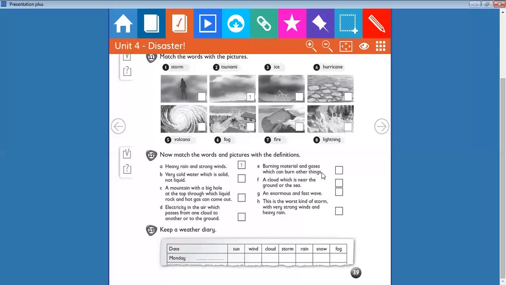I think they are talking about fire. Fire in the forest. So it's 7. Here's 7. A cloud which is near the ground or the sea. It's the fog. It's the fog, number 6.